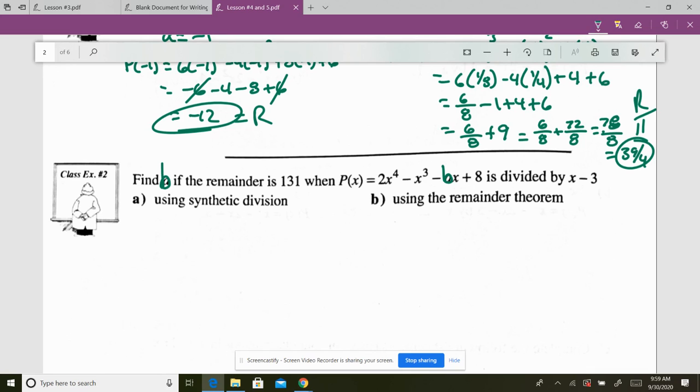Okay. They've told us what the remainder is, right? And when you put the a value into the polynomial, it spits out the remainder. So what is the a value of this?